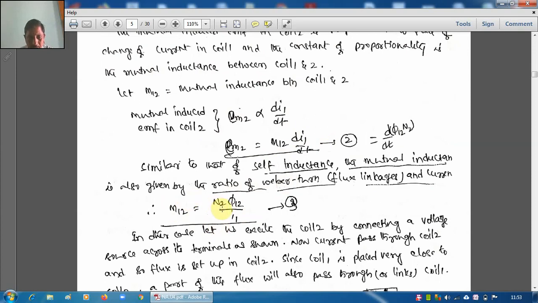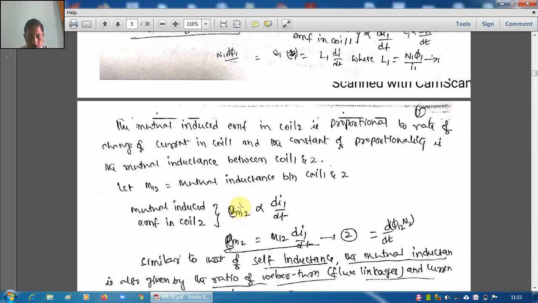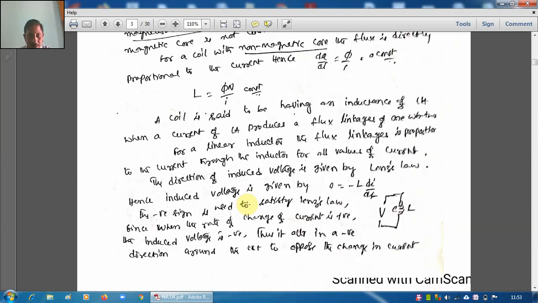Self inductance is the ratio of flux linkage to the unit current. Here also, this is the ratio of flux linkage to the current.